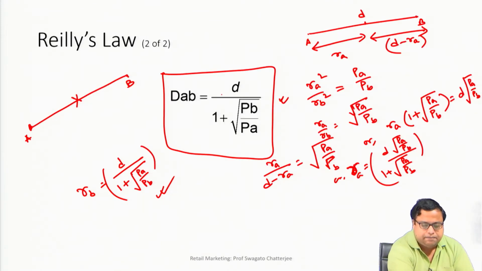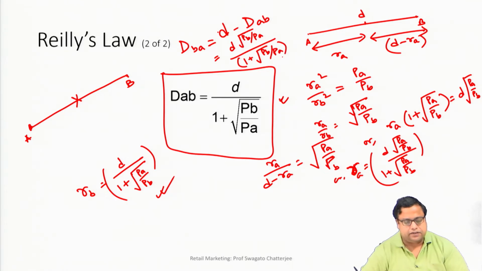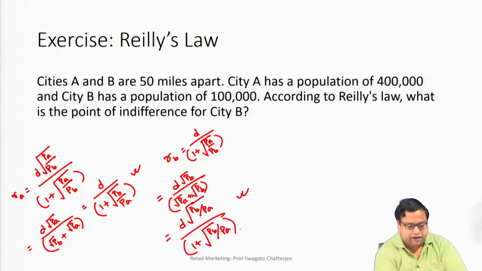So this is DAB. Then what is DBA? DBA will be D minus DAB. That will be D into root PB by PA divided by 1 plus root over PB by PA. That is the same as what I wrote at this point.